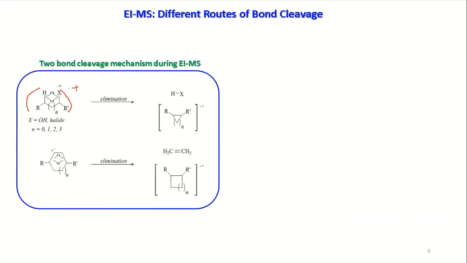In this case, they can liberate a water molecule if it is OH, or they can liberate HX, meaning hydrohalide, so HCl, HBr, like that. The acid can be liberated to generate another smaller molecule which will have dot plus. This can play the role of M by Z, and this will further be fragmented.